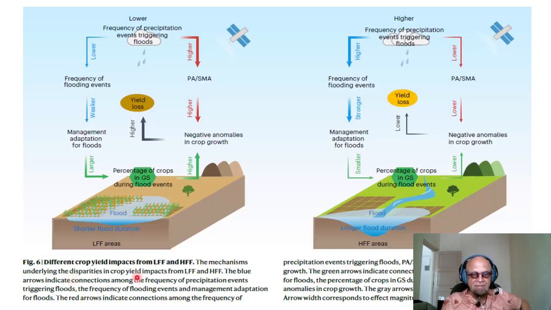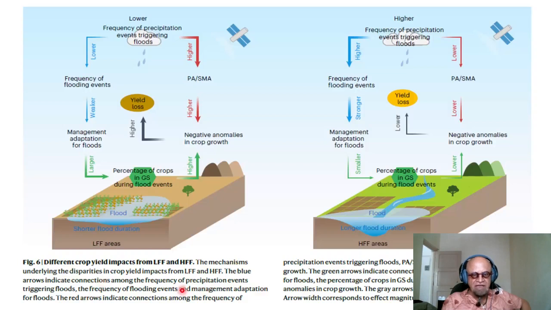Different crop yield impacts from low frequency and high frequency floods. The mechanisms underlying the disparities in crop yield impacts from LFF and HFF. The blue arrows indicate connections among the frequency of precipitation events triggering floods, the frequency of flooding events, and management adaptation for floods.